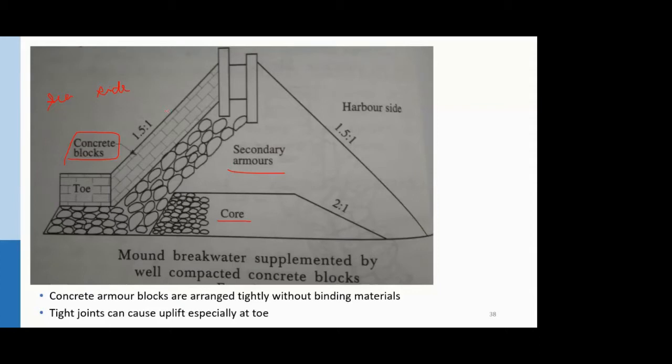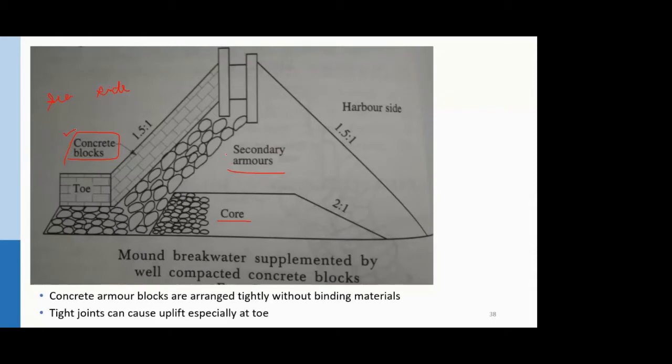Again, if you see, they are arranged in a very systematic way. That is because concrete blocks are expensive, and difficult to transport and cast. So that's why it is made sure that the economical aspect is maintained and the concrete blocks are not wasted. Instead of dumping them, they have just arranged them.